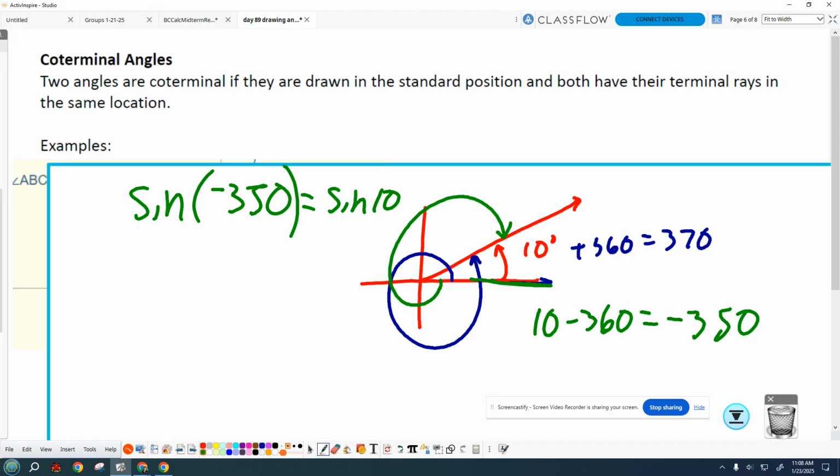So if it's not on the unit circle, I might say, well, I don't know its exact value, but what value will it be the same as? It will also be the sine of 370. So coterminal angles: add a full circle, subtract a full circle.